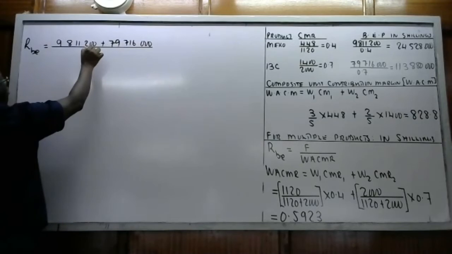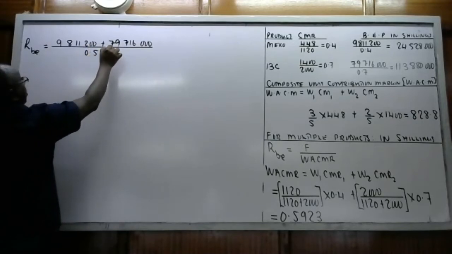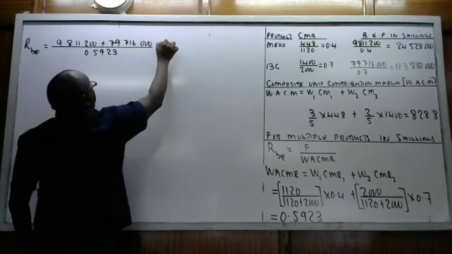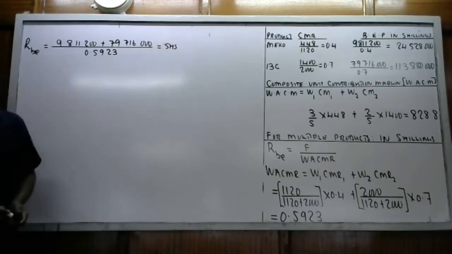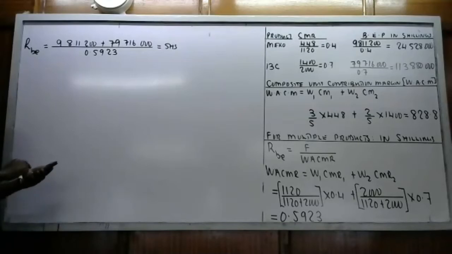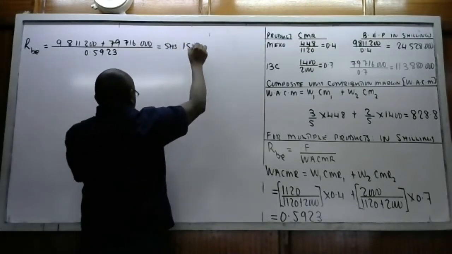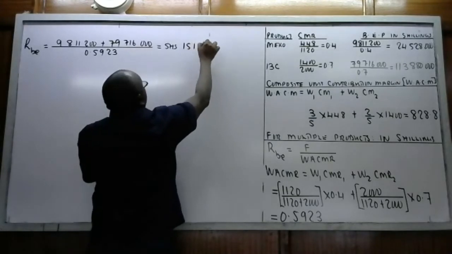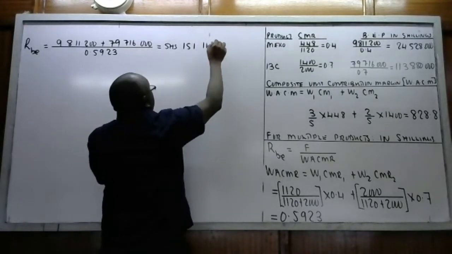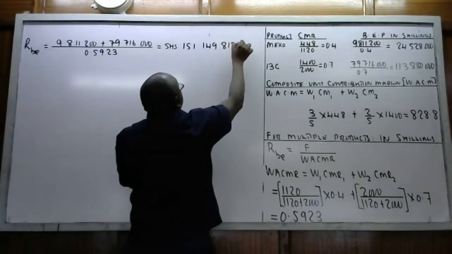You divide by 0.5923, and the answer I'm getting is 151,149,818.2.